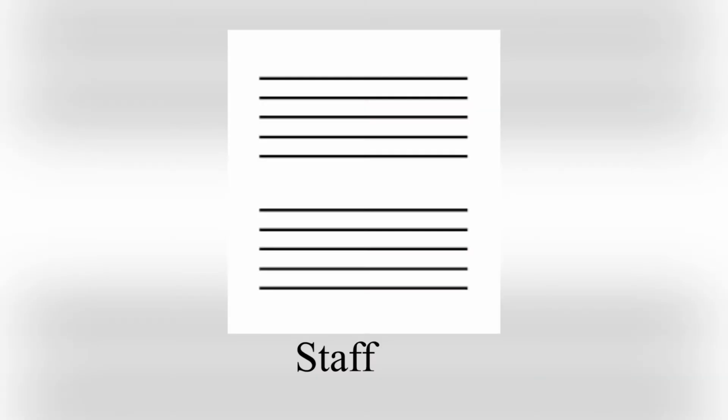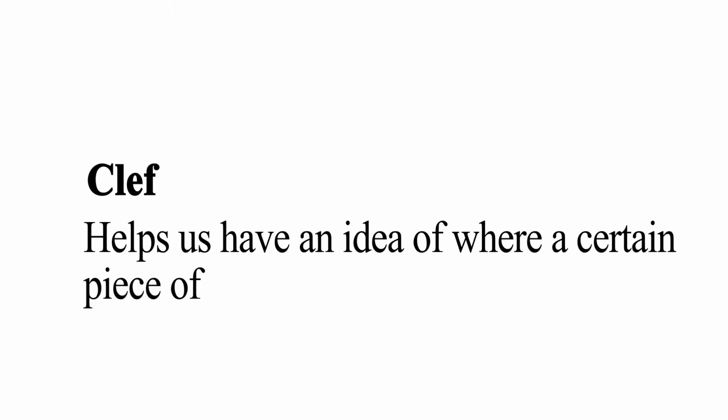The staff. The staff is a set of 5 lines and spaces on which pitches and other musical descriptions or characteristics are denoted. Clefs are musical symbols that help us have an idea of where a certain piece of music lies in terms of is it higher sounding or lower sounding, higher frequencies versus lower frequencies.